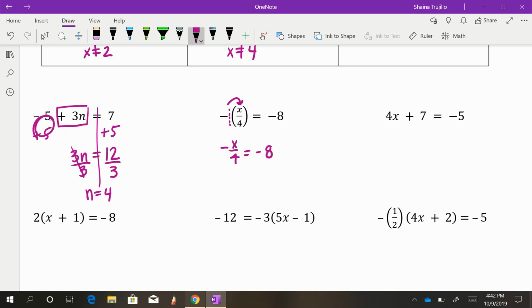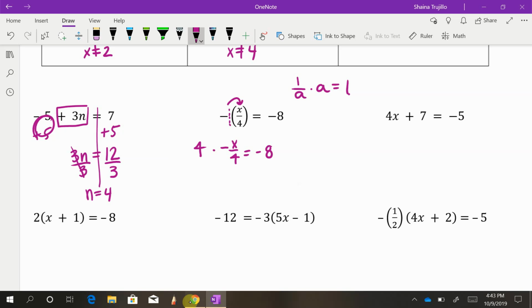Okay, so if you remember, 1 over a times a is 1. We want to try to get a 1 next to our x. So I'm going to multiply this by whatever is in the denominator, or not x. So I'm going to multiply this by 4.